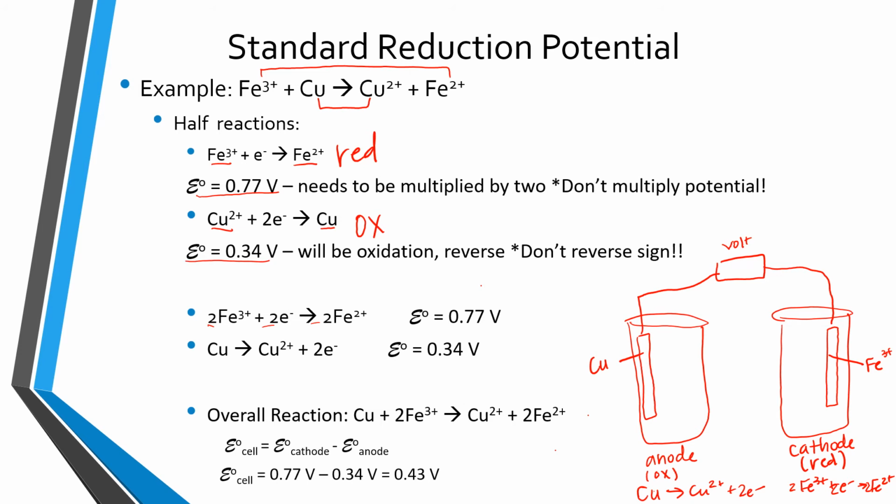And so what's happening is each copper is giving up 2 electrons. They're running through the voltmeter, through the wire over to where the iron is being reduced. Then we always do our cathode minus our anode, so 0.77 minus 0.34. So the cell voltage for this cell is 0.43 volts.